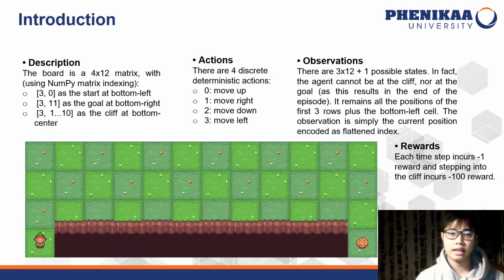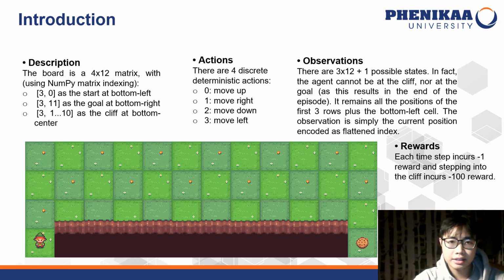The actions of the environment: the agent has four actions, and the environment is deterministic. Index 0 is move up, 1 is move right, 2 is move down, and 3 is move left.